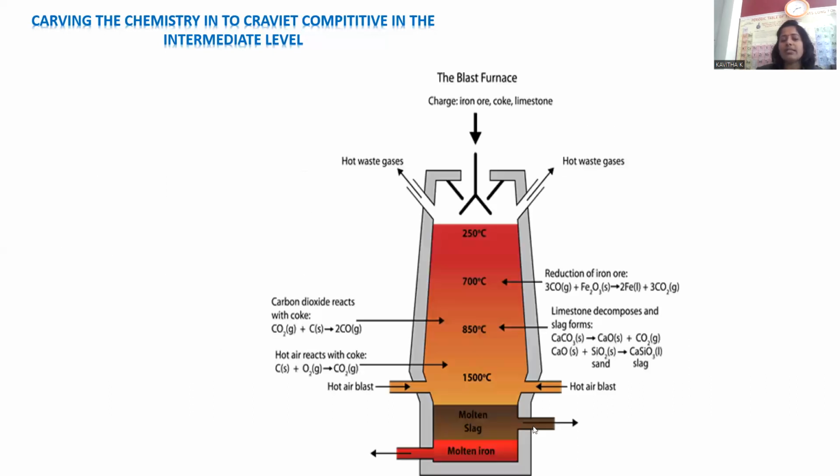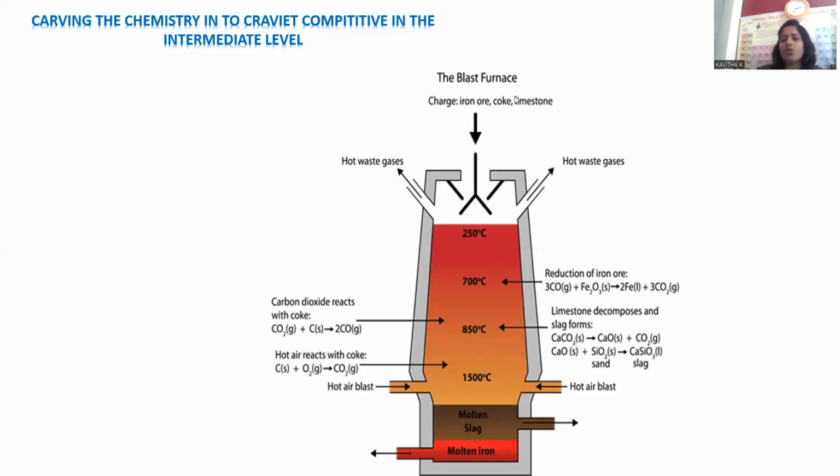Let's see what the process of smelting is. In the smelting process, if you observe the top, you can find 250, 700, 850 and 15. So the temperature gradually increases as we descend, right? This is a device called the blast furnace. In this blast furnace, we have to introduce iron ore, which may be an oxide ore of iron.